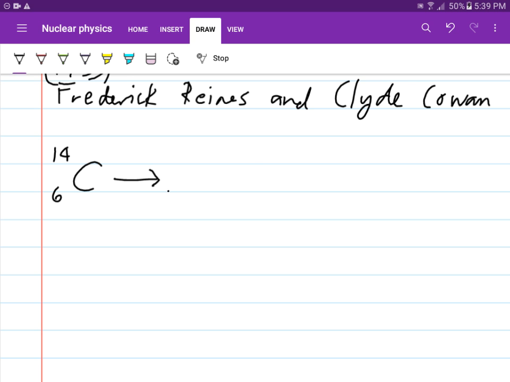So in its nucleus, one neutron is converted to a proton, so it will have atomic number of 7. And upon the decay, you will release a beta particle, which is an electron, and this is 14 too, and an antineutrino.